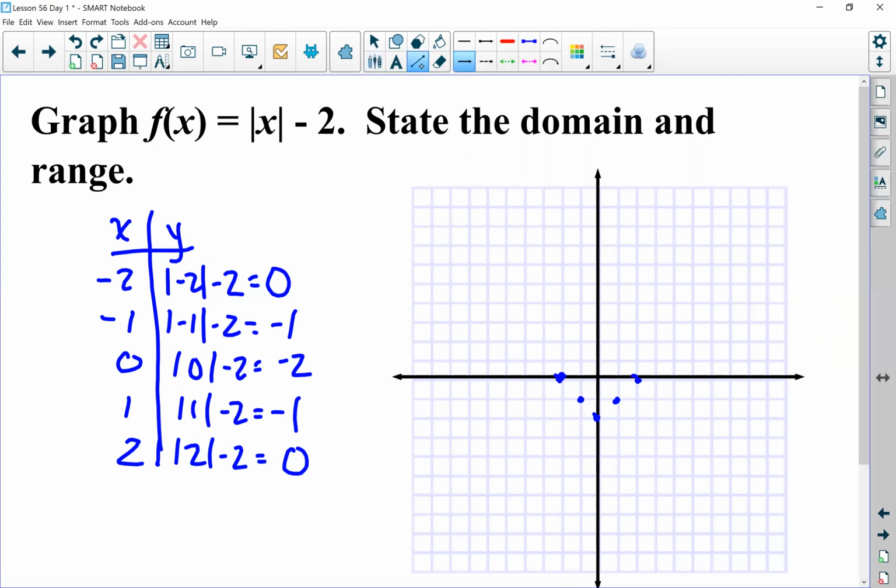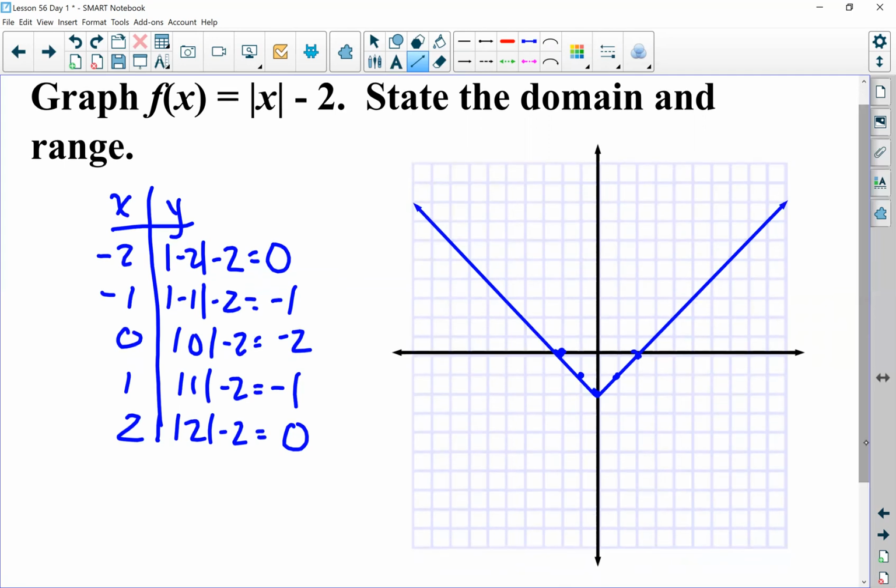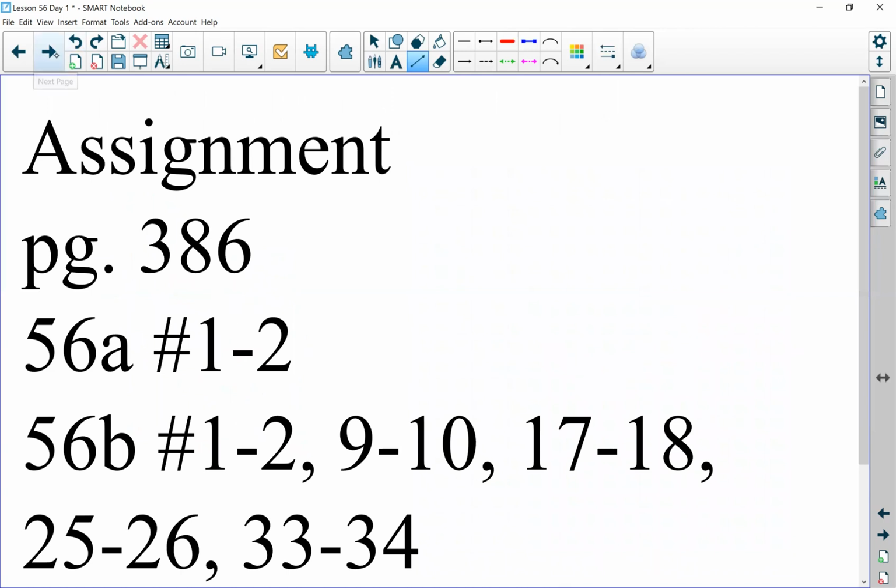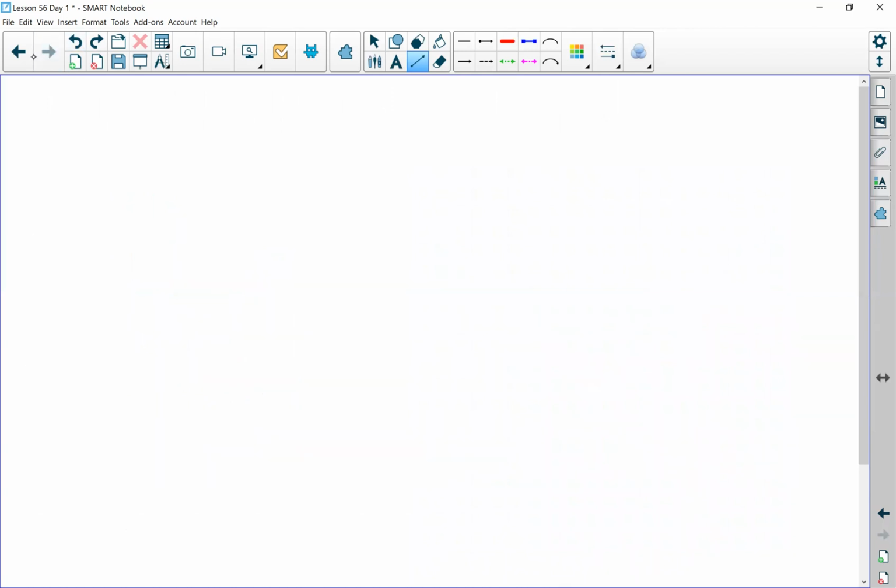So those points graph that way. And if I then draw my graph, it should look something like that. All right. So if you need the shotgun approach, use it. If you don't, I understand that you've done these before. This is always a good fallback, though. I did not yet state the domain and the range. So let's do that.